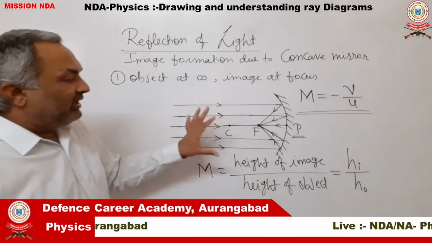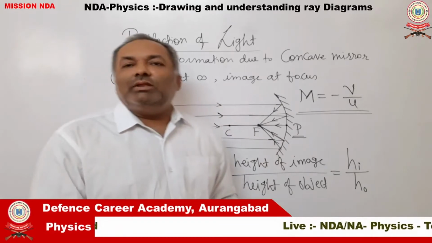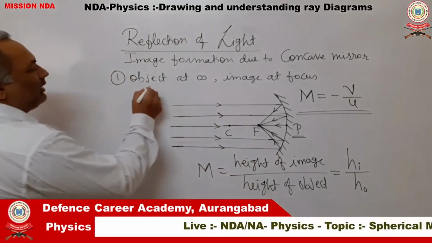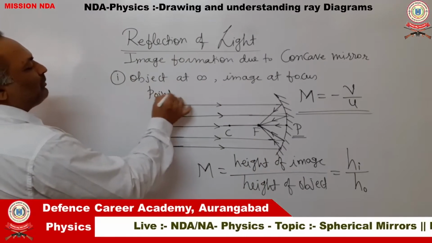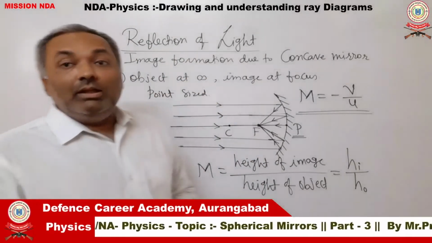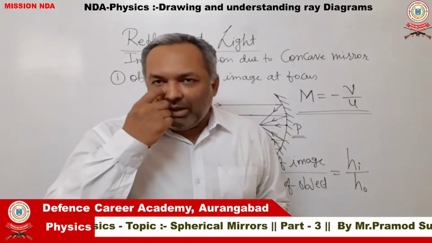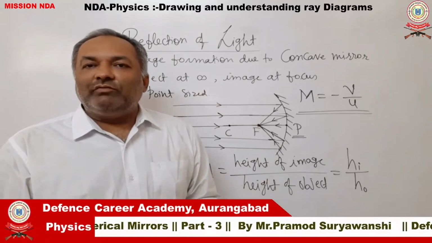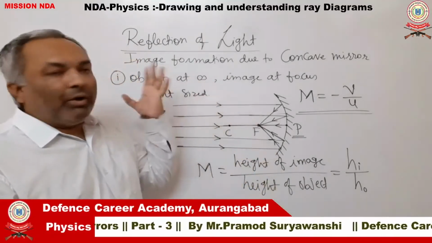In this case, the image that is formed at the focus is described as a point-sized image, meaning that the actual size of the image is very, very small compared to the actual size of the object. So we call it point-sized.